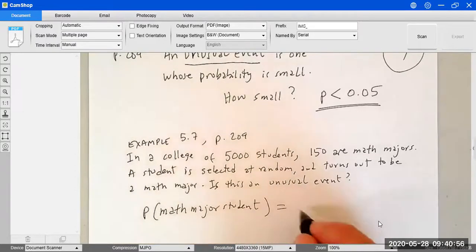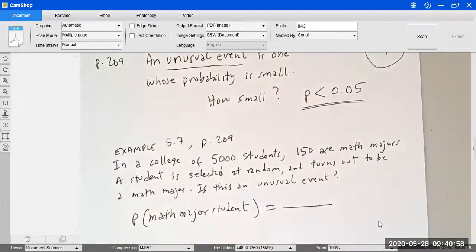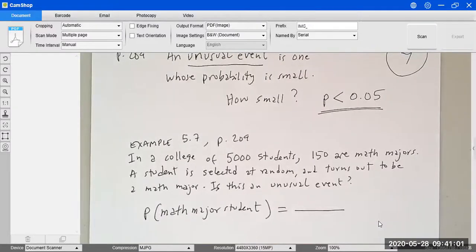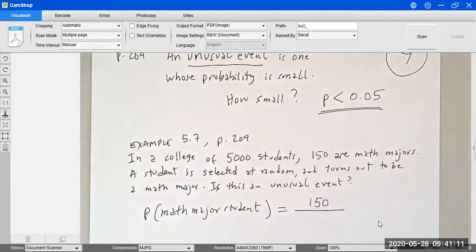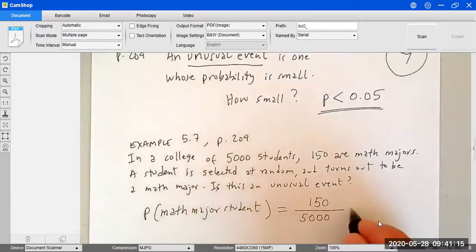So, it's going to be the number of items that favor this event, in other words, the frequency. So the frequency of math majors is 150, and the total frequency is 5,000.